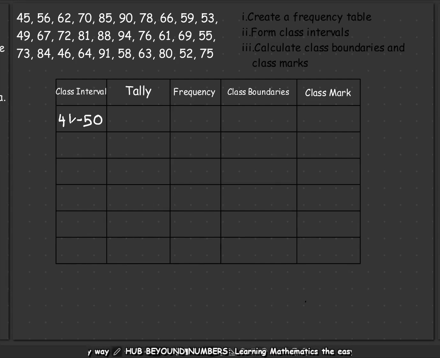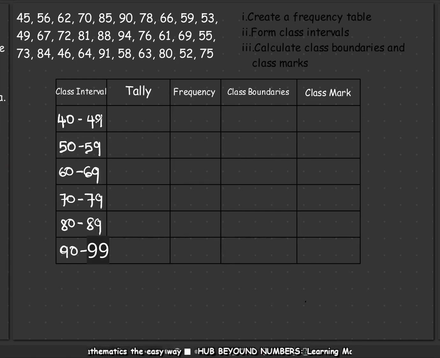All right. So 41. Okay, so for my interval, I'm going to use from, let's say, 40 to 49. You see? So from 40 to 49. Then for the next one, we are going to get from 50 to 59. You see? So it continues in that order. Right? So continuing in that order, this is what we have over here.